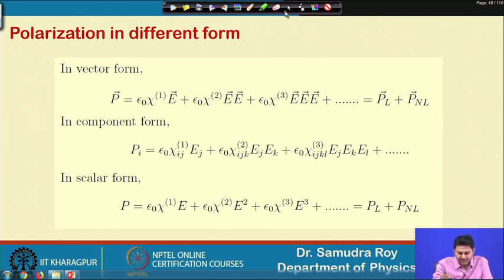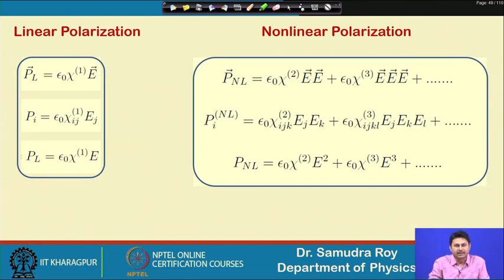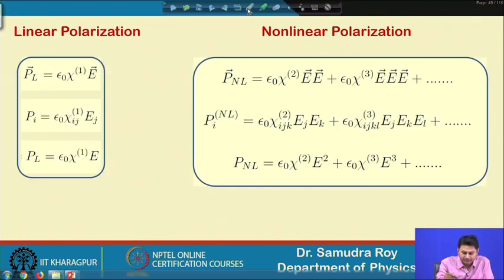Okay. After understanding this particular form, that there are three forms, now we go back to our second slide, where we separated out the polarization into two major parts. One is the linear polarization, where P is proportional to the electric field E. In vector form we should have it like this, the first term.